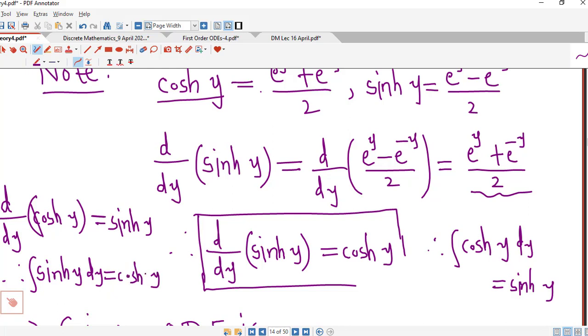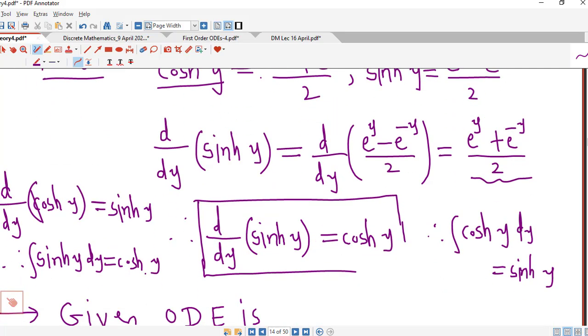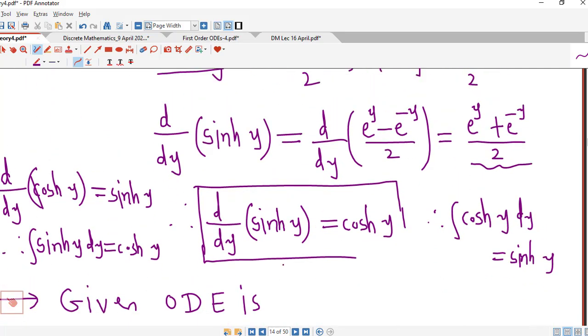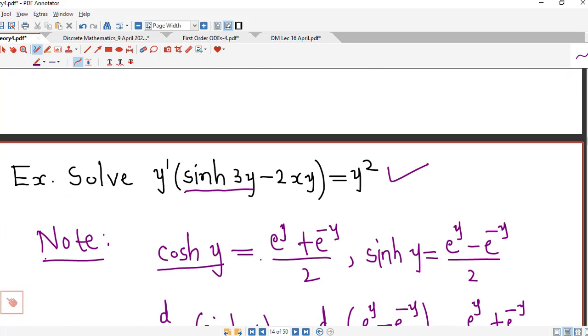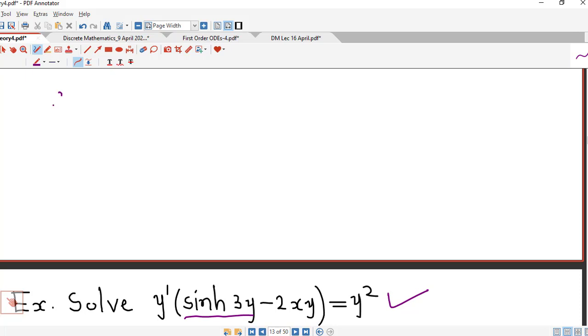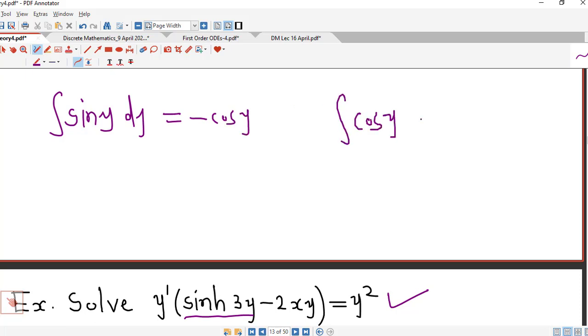So unlike the trigonometric functions cosine and sine, here there is no negative sign. The derivative of sine is cosine and the derivative of hyperbolic cosine is sine. Similarly, the integral of hyperbolic cosine is hyperbolic sine and the integral of hyperbolic sine is hyperbolic cosine. In trigonometric functions sine and cosine, we have this type of thing: the integral of sin y is minus cos y, the integral of cos y is sin y.